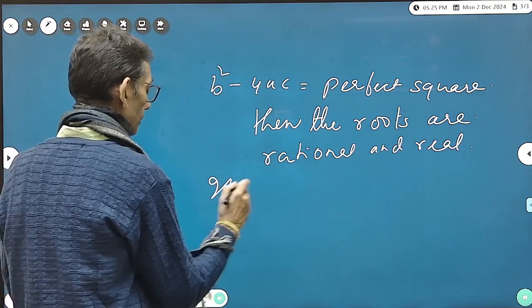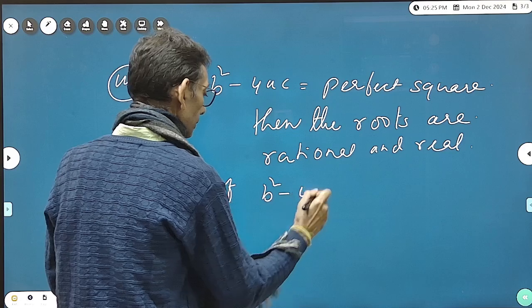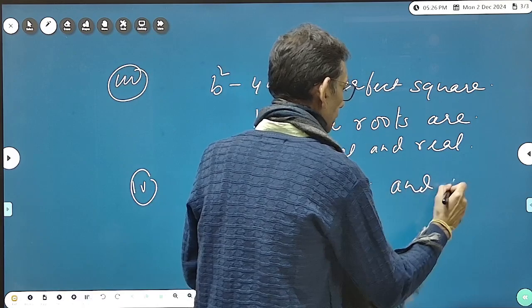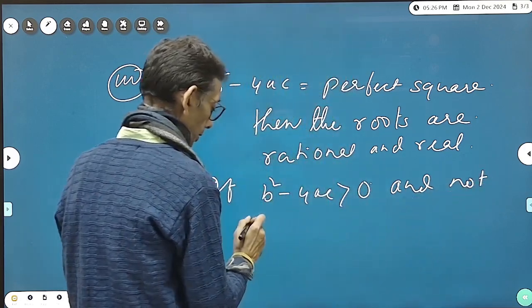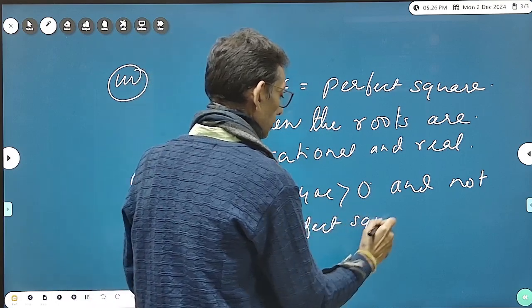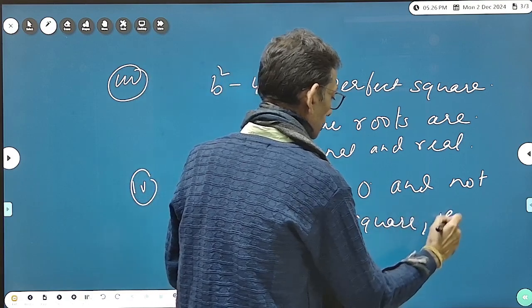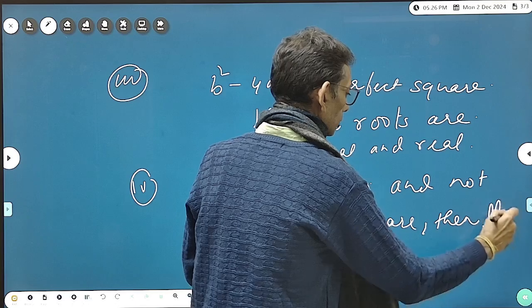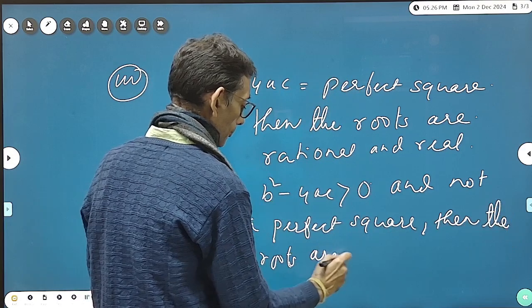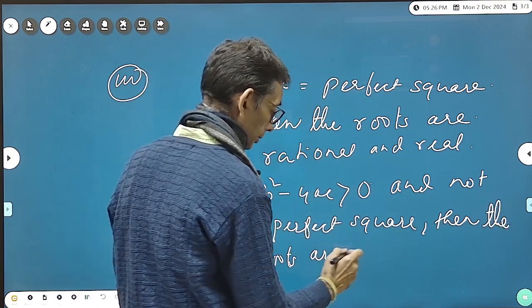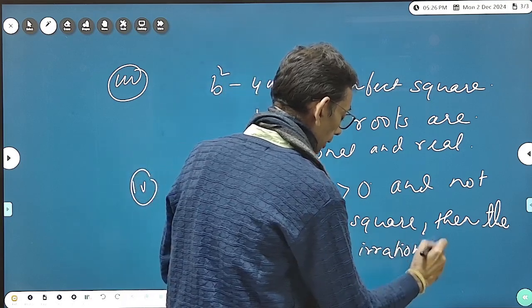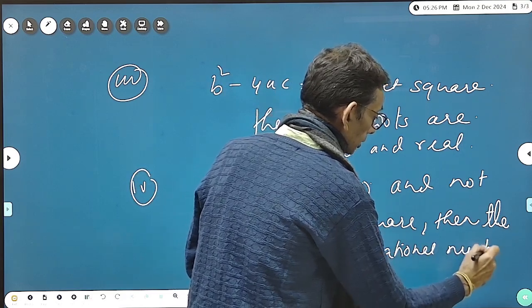If b square minus 4ac is greater than 0 and not a perfect square, then the roots are irrational numbers.